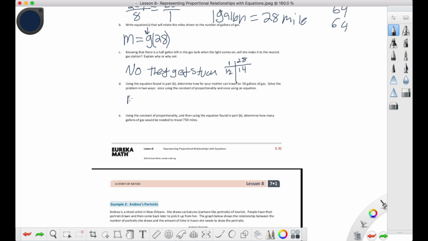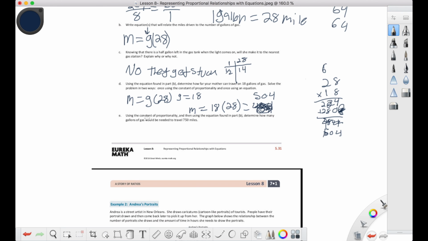Okay, so miles equals gallons times 28. Well, if we have 18 gallons of gas, that means that G would equal 18. So we can rewrite this as M equals 18 times 28. All right, well, let's do that. 28 times.